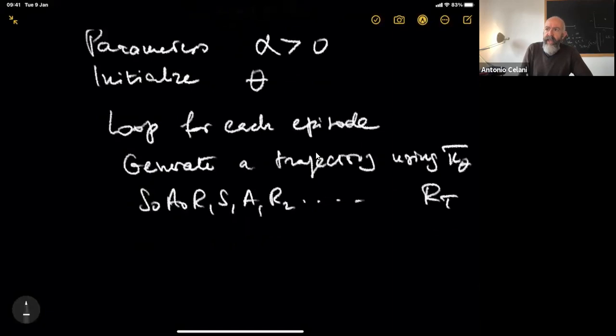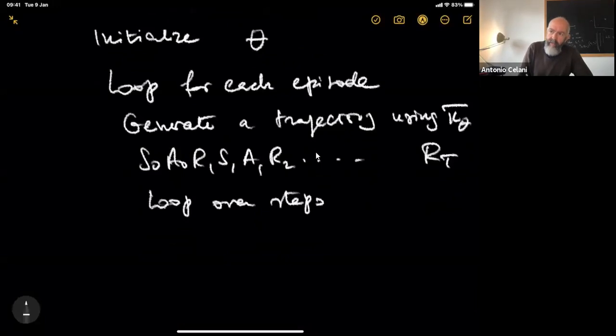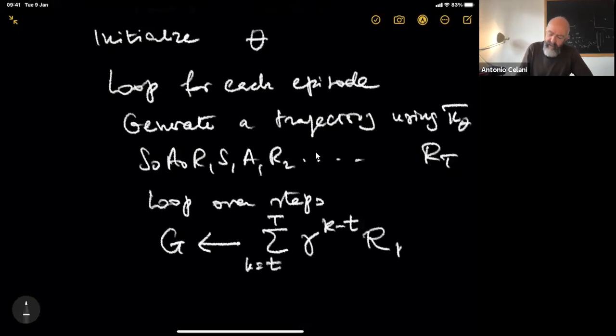Then for each step of the episode, so this is a loop over steps if you wish, you compute your estimate of the future rewards by summing from that time to the final time over, say, kappa, of gamma to the kappa minus t times the rewards at time kappa plus 1.